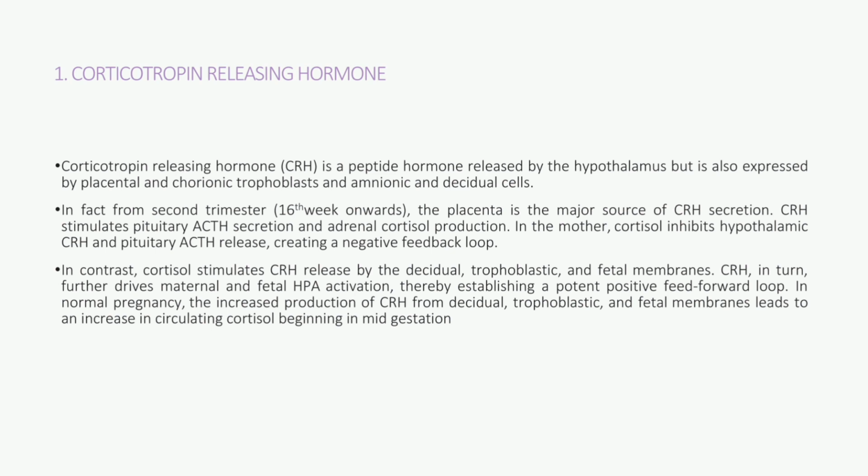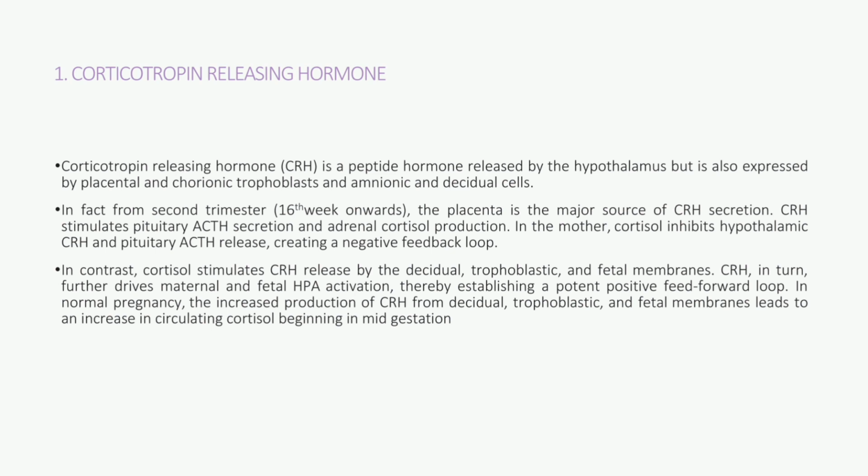In the mother, the cortisol inhibits the hypothalamic CRH and pituitary ACTH release, creating a negative feedback loop. In contrast, cortisol stimulates the CRH release by the decidual, trophoblastic and fetal membranes. And this CRH further drives the maternal and fetal HPA activation, thereby establishing a potent positive feedback loop. That is the positive feedback loop.